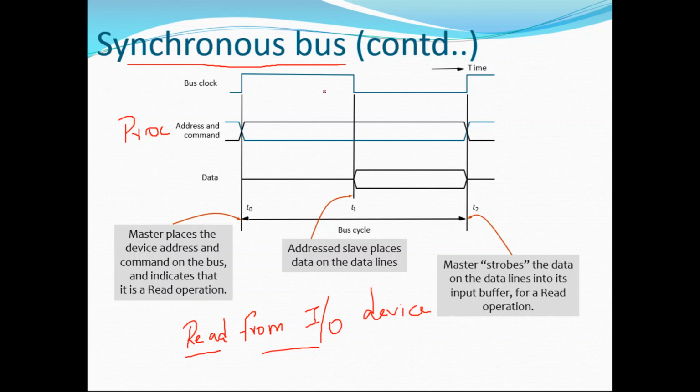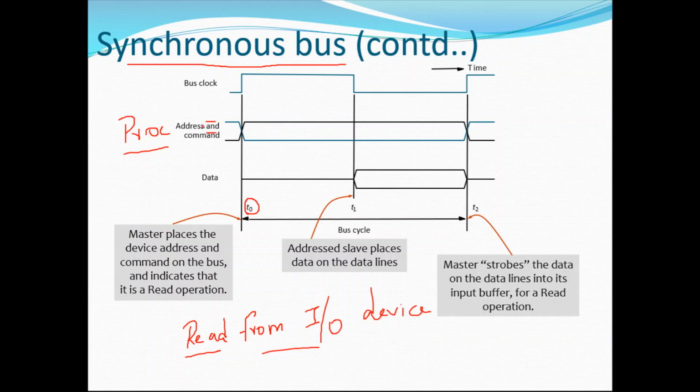So here everything is based on the clock. At time t0, this is the rising edge of the pulse, the pulse going to the higher level. At time t0, the bus master, that is the processor, is placing the address and the command on the address and command signal.